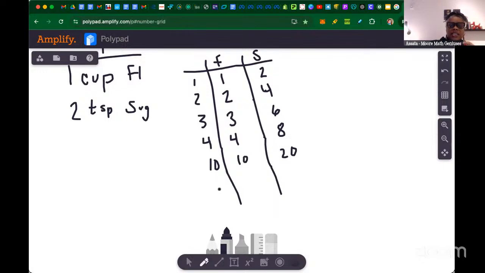So for instance, if I want 11 servings, what do you do to find how much flour first? Just tell me how much flour. What is your answer for flour? How do you know? Good. How did you get 11?